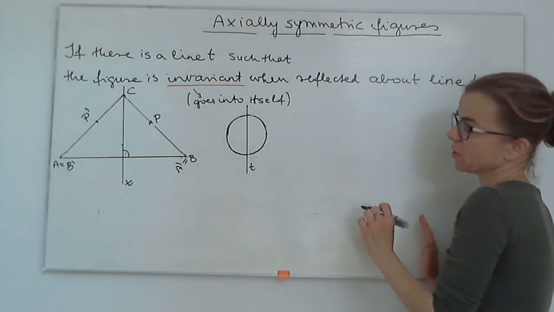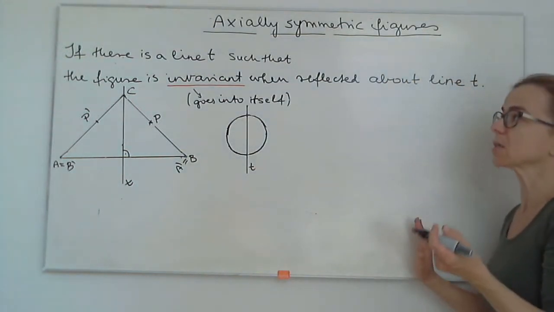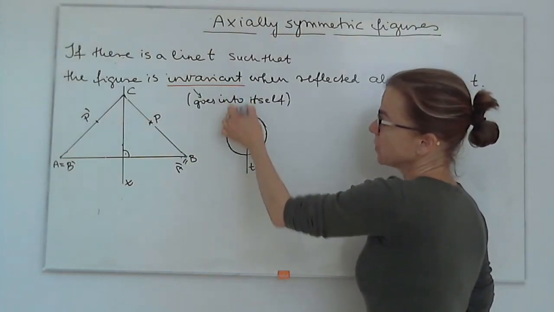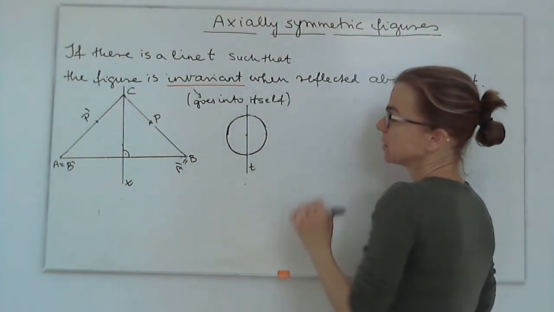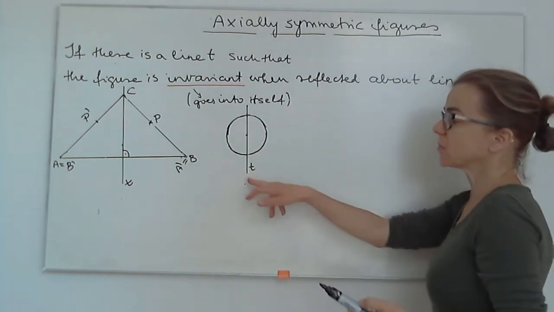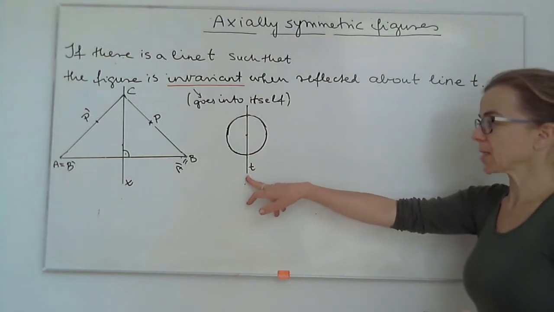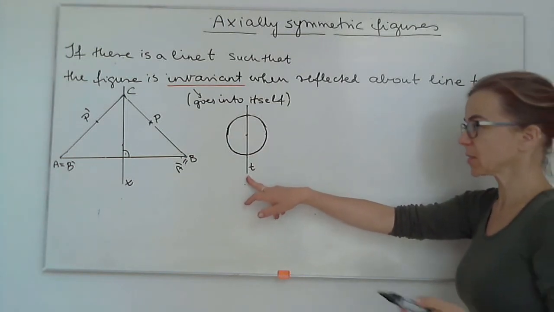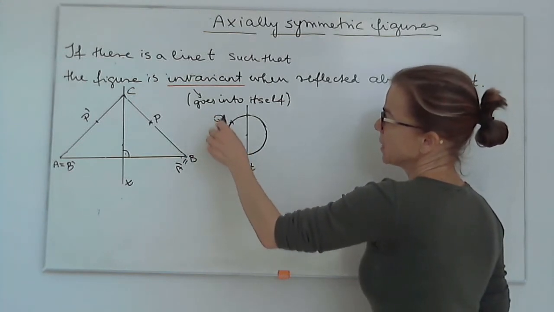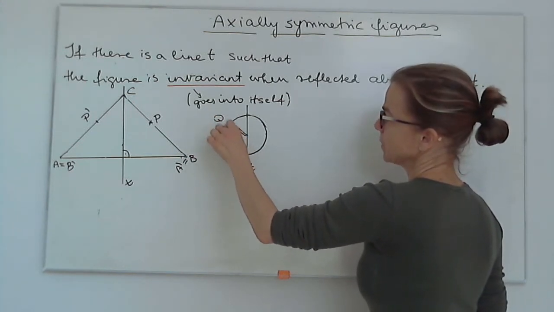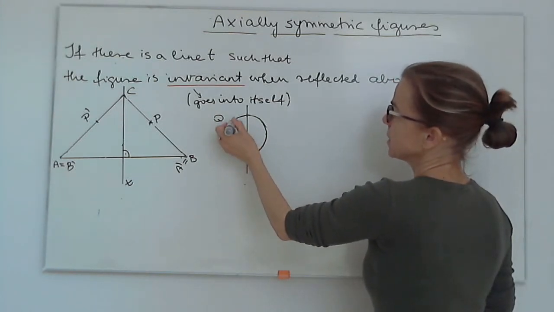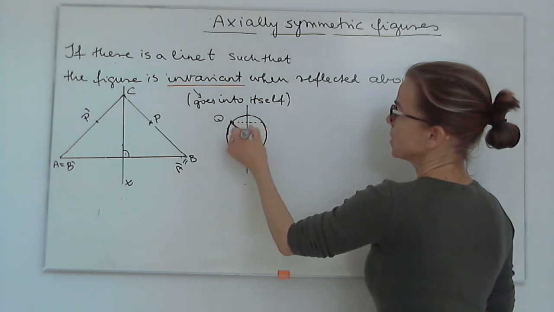Another example is the circle. Every circle is axially symmetric. You just have to draw one of the infinitely many diameters which go across the center of the circle, and any of the diameters serves you as a T, the axis of symmetry. And then if you pick any point of the circle, obviously its distance from the center is the same as its image's is going to be.